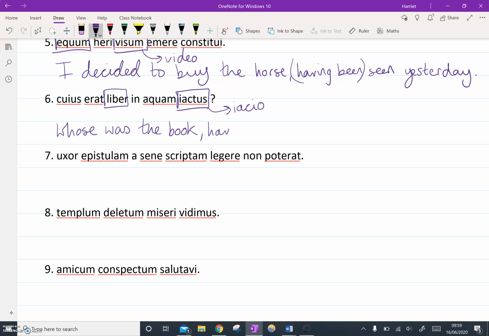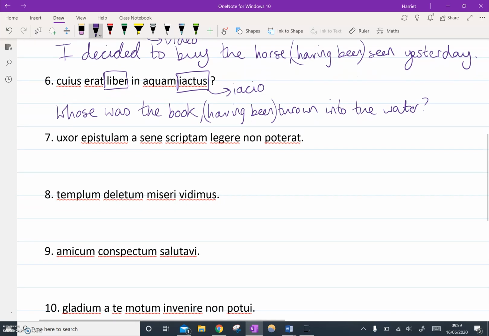Iactos, having been thrown, or just thrown into the water. If you translated it as of whom was the book thrown into the water, that's fine, it just sounds a little bit strange.